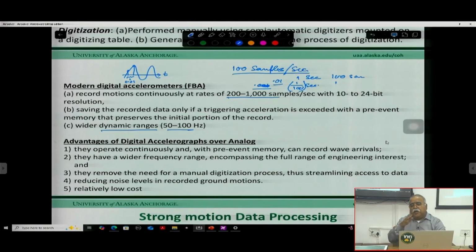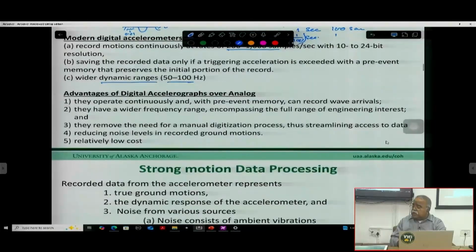If you want some portion of the data, you can give a command, and they will chop it off and give the time series data as required. So with the advantage of digitization and telecommunication, we have a lot of luxury in getting the data.